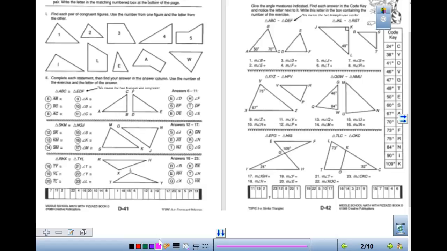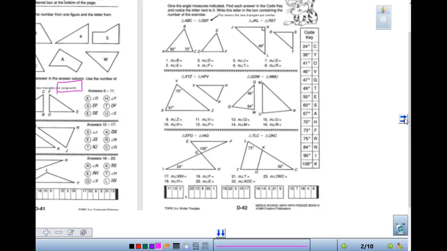This first page, all of these, they tell us that this is the symbol for congruent, right? That equal sign with the squiggle above it, all of those are congruent, and the key thing is matching up the angles and the sides.